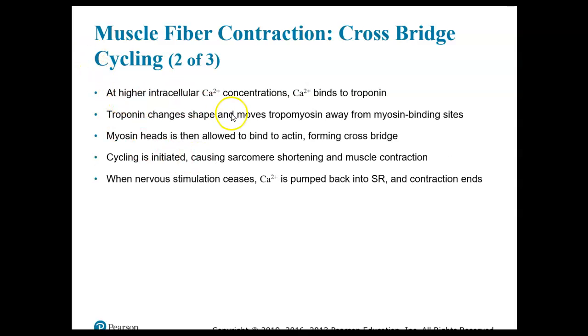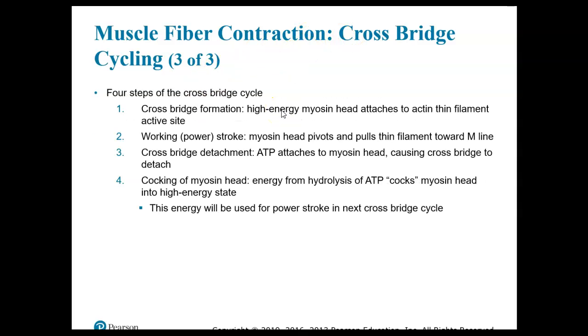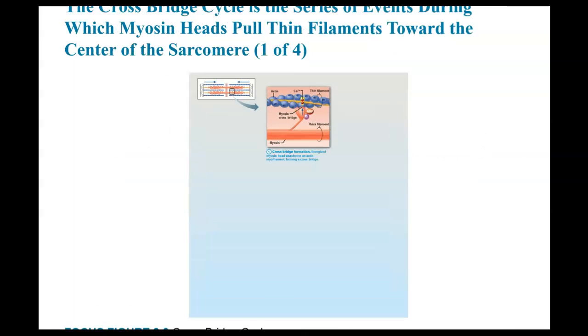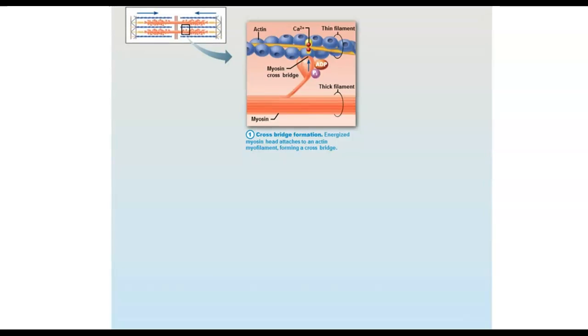At higher intracellular calcium ion concentrations, the calcium binds to troponin. I can blow this up so you can see it. Troponin is this little yellow protein that looks a little bit like an upside down snowman.